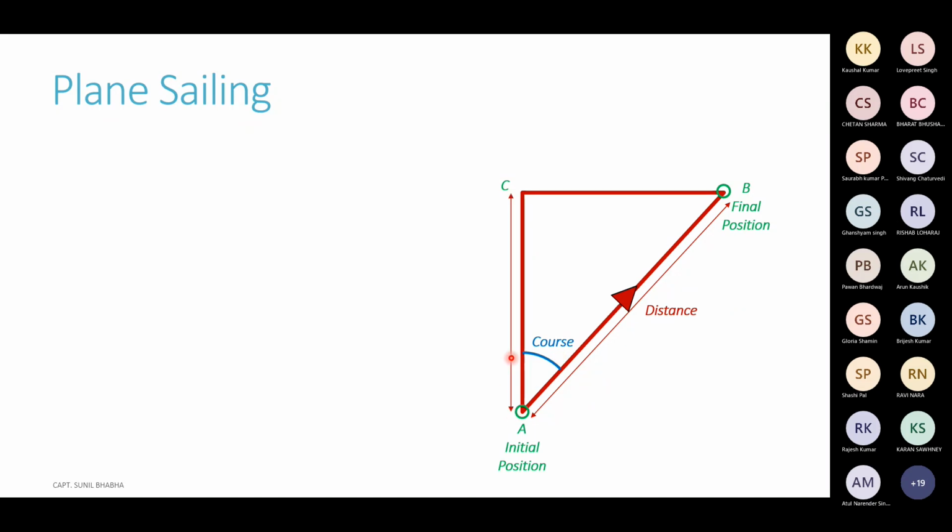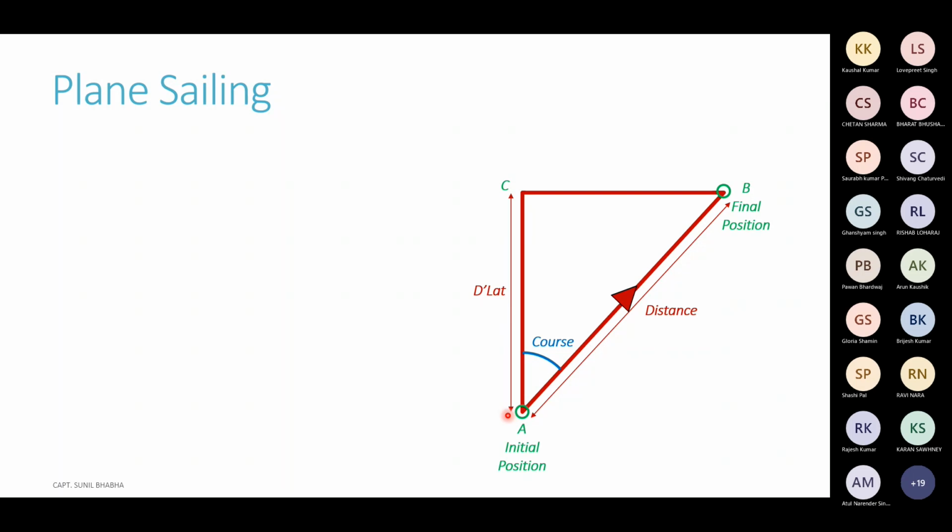Now, if you take your attention to the vertical side of this particular triangle, that is AC, Alpha Charlie, this vertical side of the triangle on a chart represents the difference of latitude, in short known as D-lat.